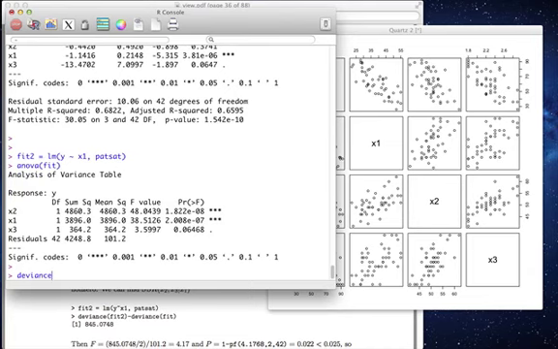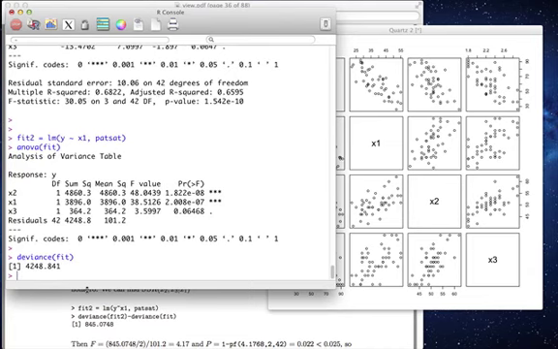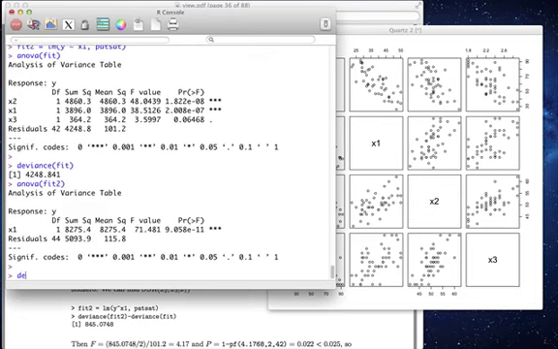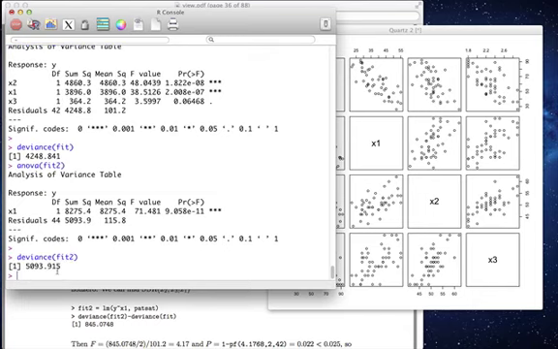The deviance of fit1 gives you only that number. Now let's look at an ANOVA table for fit2. What this is saying is that we've left 5093 unexplained by using only x1. So if I do a deviance of fit2, we see that that's what we get, 5093.